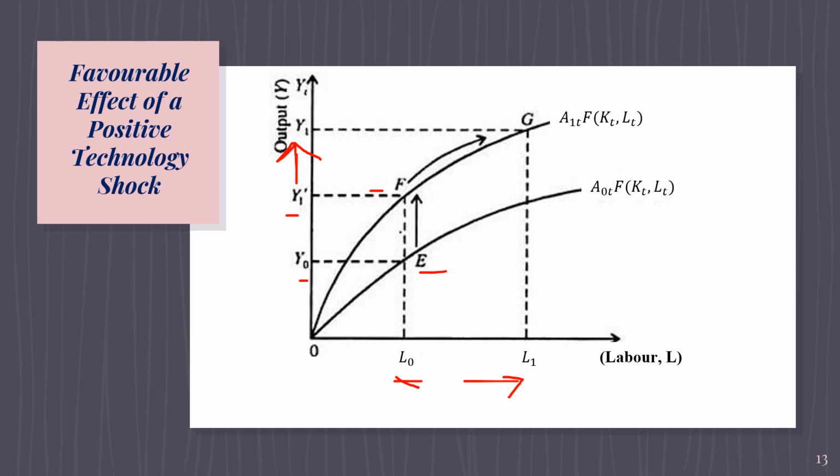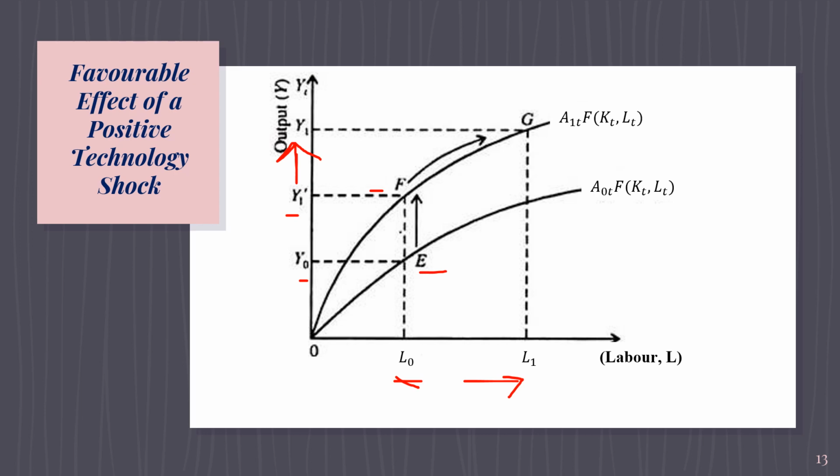Now, the worker must decide how this increase in the total output has to be distributed between consumption and saving. Usually, a worker will consume a part of the additional output and a part will be saved. As a result, saving in a particular time t will increase as a result of higher output brought about by the positive technological shock.